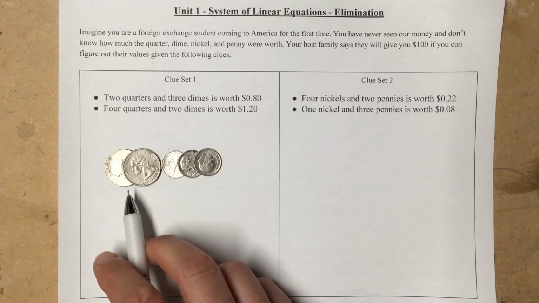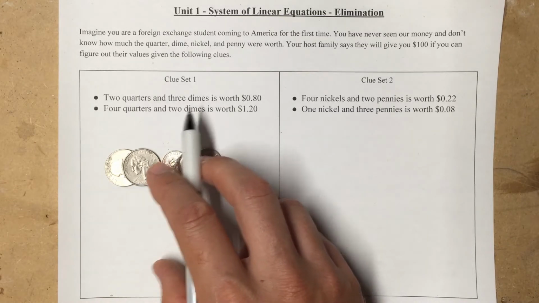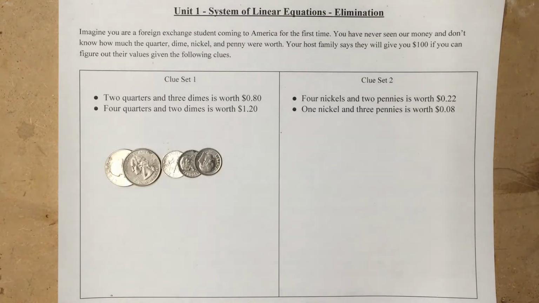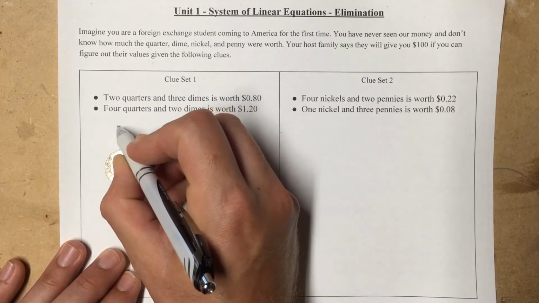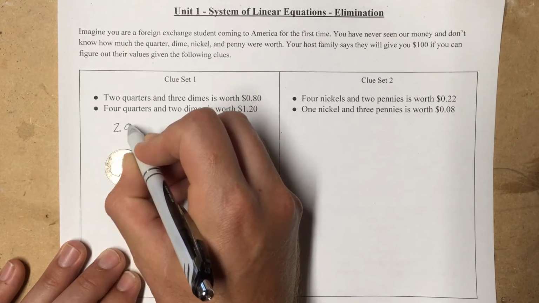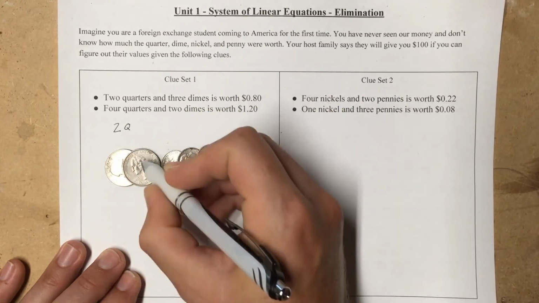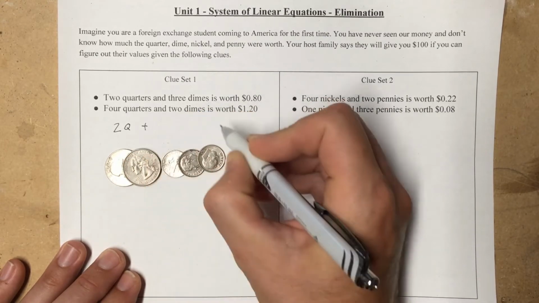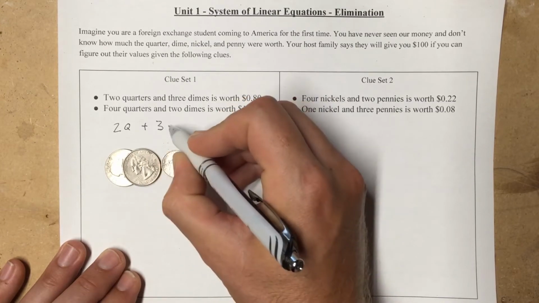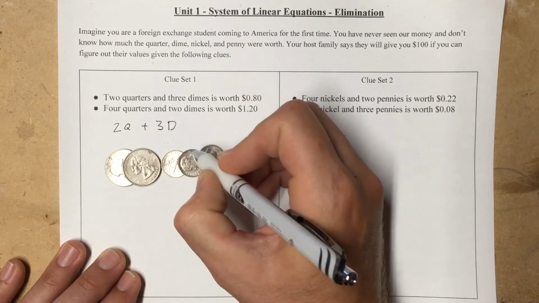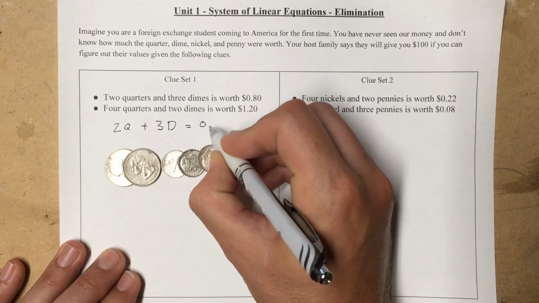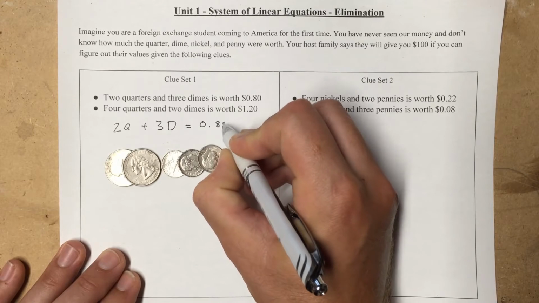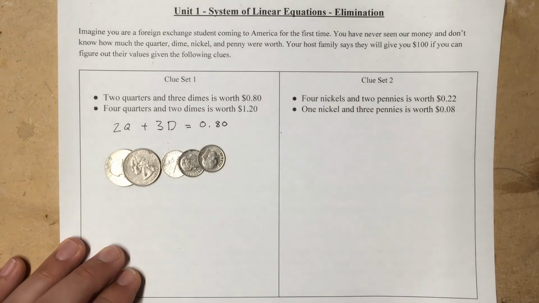So to write our equation here, I'm going to use variables Q and D for quarters and dimes. So if I wanted to set this up as an equation, I would say 2Q, because I have 2 quarters, plus 3D, dimes, letter D there, that's equal to 0.80, 80 cents, okay?